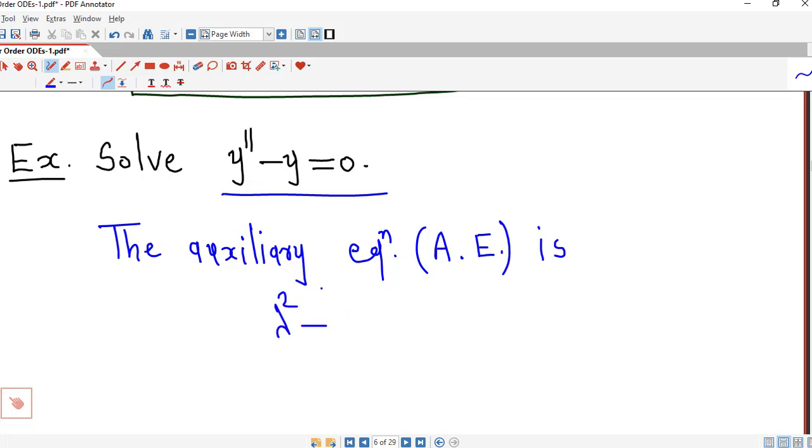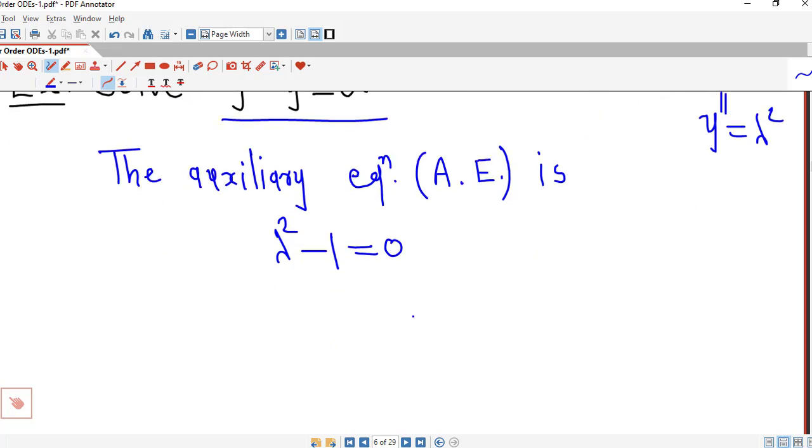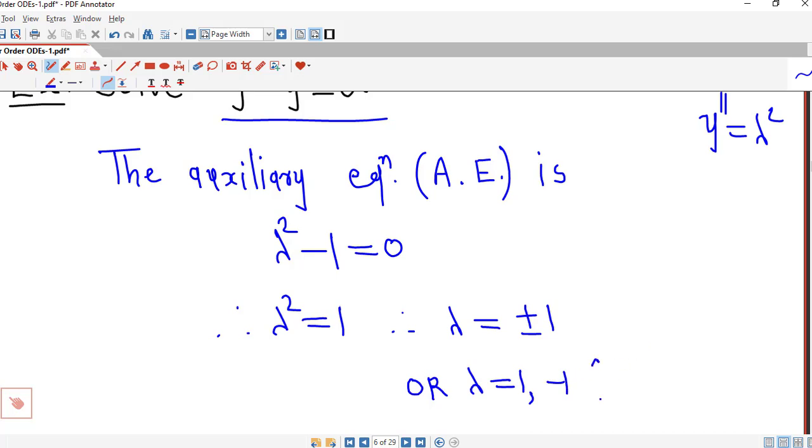Y means zero derivative, that is lambda raised to 0. Y is replaced by lambda raised to 0, that is 1. Y double dash is replaced by lambda square. The auxiliary equation is lambda square minus 1 equal to 0, and this is easily solvable. Lambda square equal to 1, so therefore lambda equal to plus or minus 1, or we can say that lambda equal to 1 and minus 1.